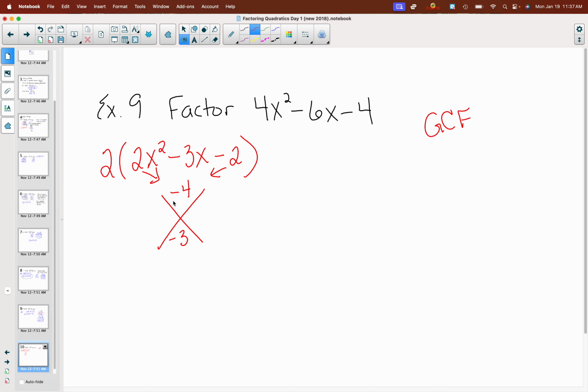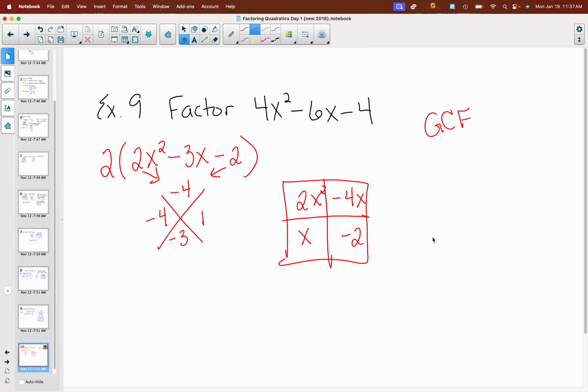So my two numbers are going to be a negative 4 and 1, because if I multiply those, I get negative 4, and if I add them, I get negative 3. We definitely need the box because there's a 2 in front of this x squared. So I'll fill in those. Now I can put the negative 4x here and the 1x here, or just an x.